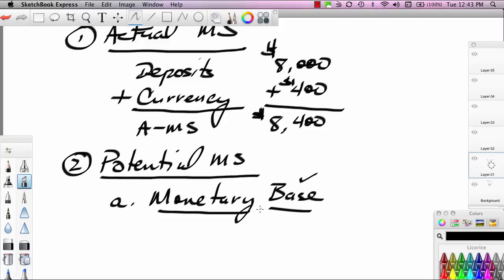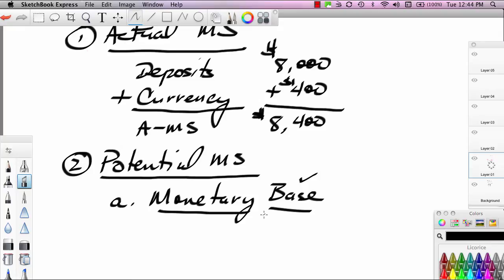The reason is the Fed, the Federal Reserve System, the U.S. central bank, does not directly control the money supply. In the United States, we have a private banking system. Money basically is held by a privately owned banking system. So the Federal Reserve System doesn't directly control the quantity of deposits and that sort of thing.